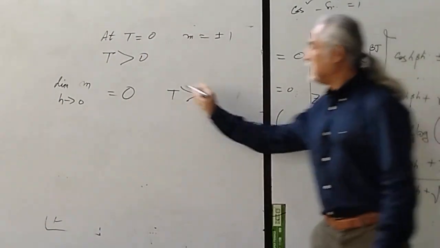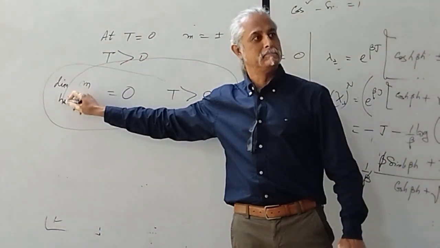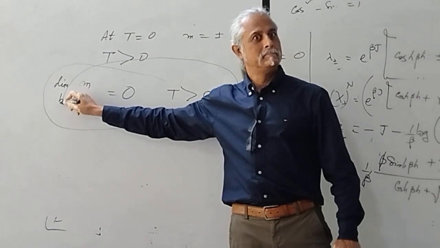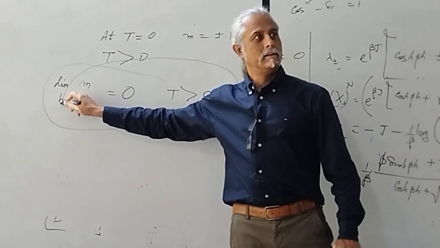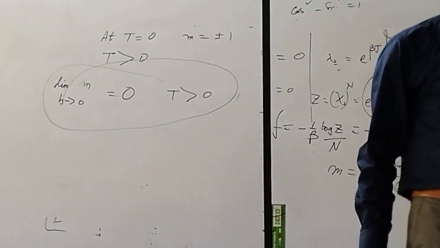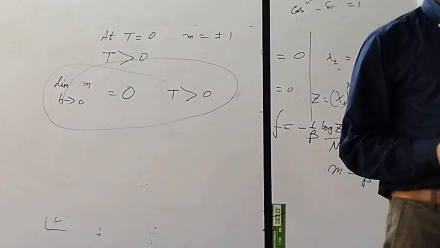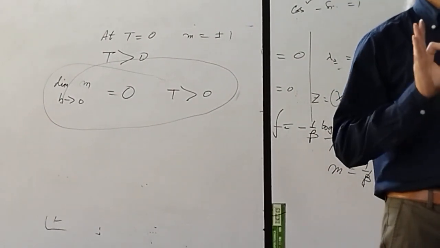Which means there is no spontaneous magnetization at any finite temperature. And that caused him all the frustration. Is it clear?